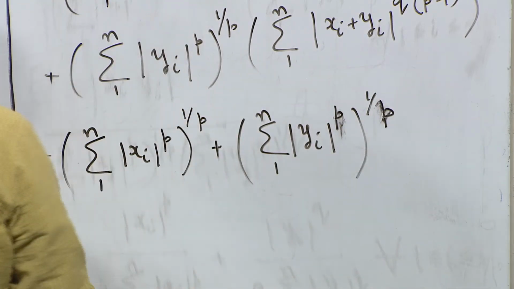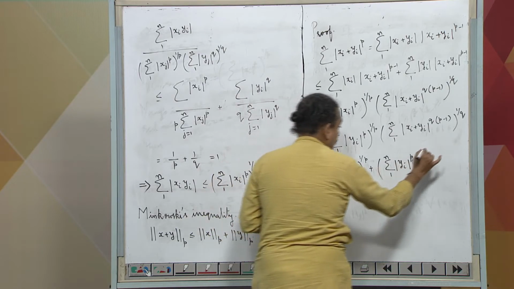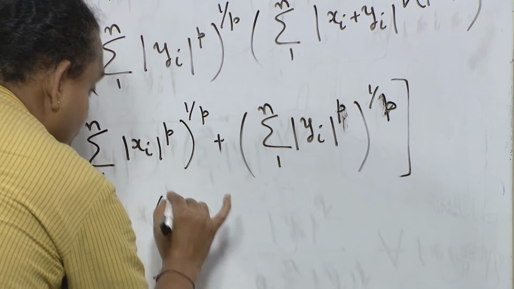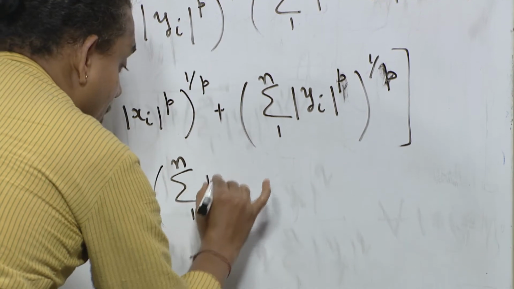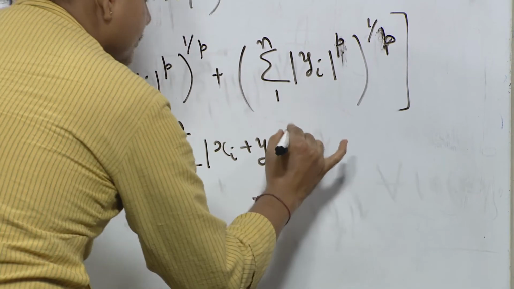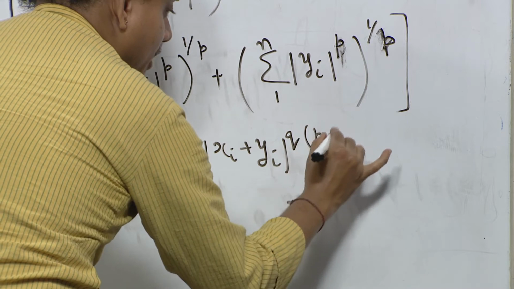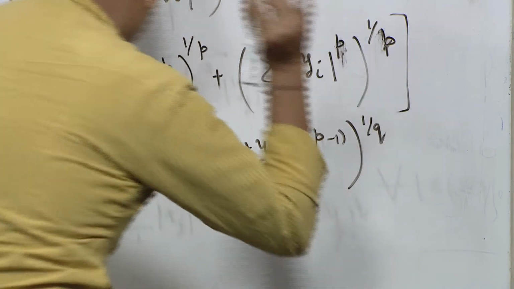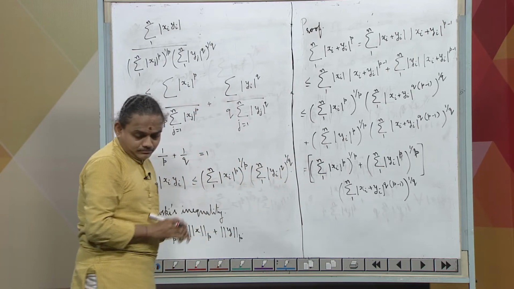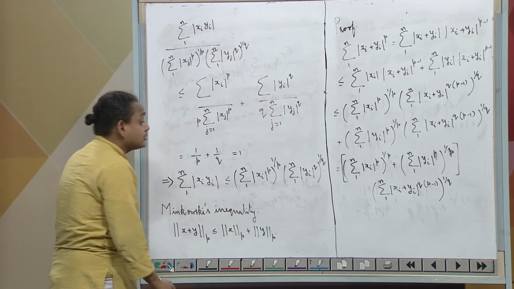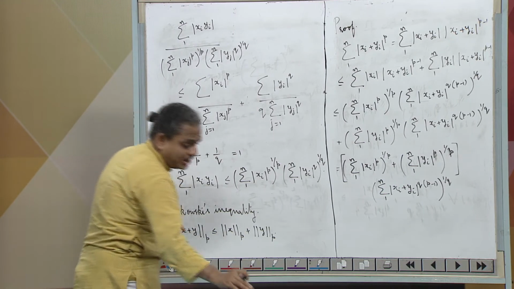Yes, this is the first term, and the common term is summation 1 to n mod xi plus yi raised to the power q into p minus 1 whole raised to the power 1 by q, right. So, you have this. So, let us first manipulate what this q into p minus 1 is.